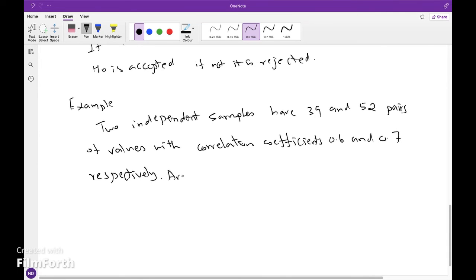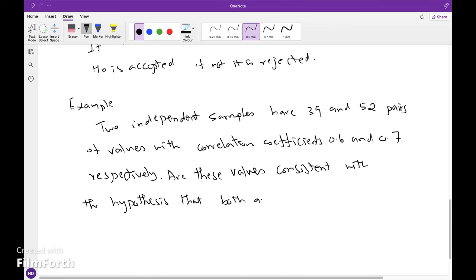Are these values consistent with the hypothesis that both the samples have come from the same population?